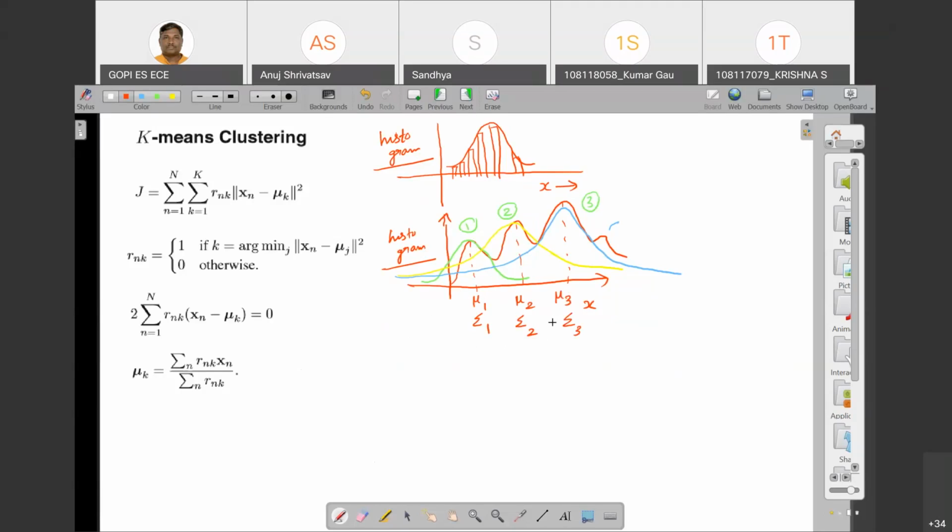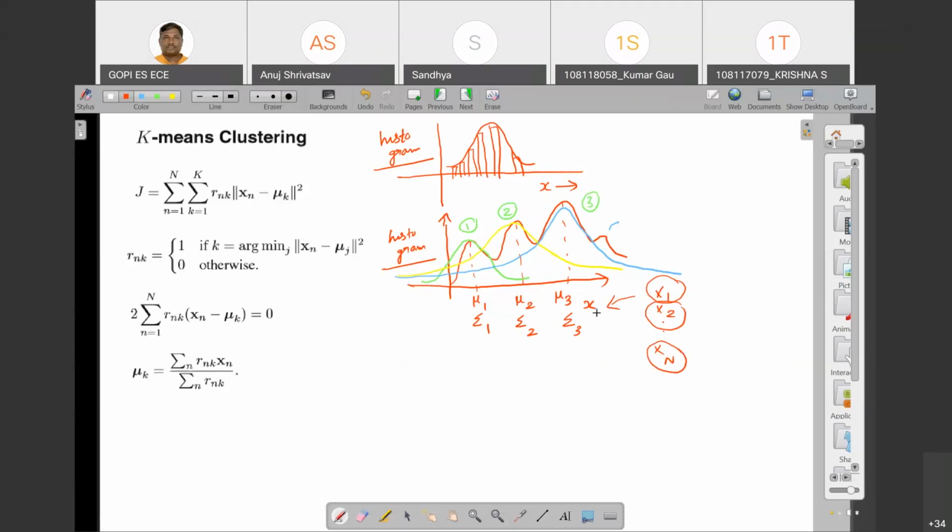Now the question is, given the data, you will be given only the data. The histogram I have plotted is from the data. You are given only this outcome X, for example Xn. This is not a sequence here; it is just the vectors given to you. You need to model them using this Gaussian mixture.